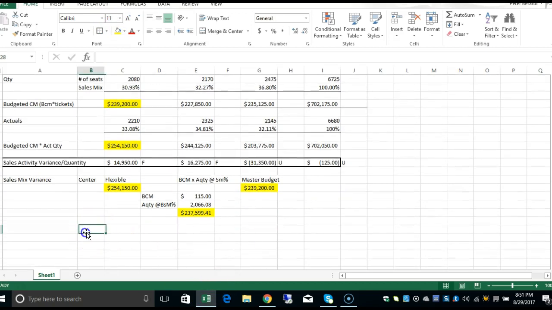So the sales mix variance is going to equal the flexible minus the budgeted contribution multiplied by the actual quantity based on the budgeted sales mix percent. As you can see, that's favorable.